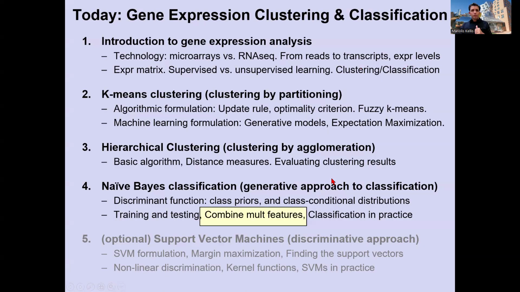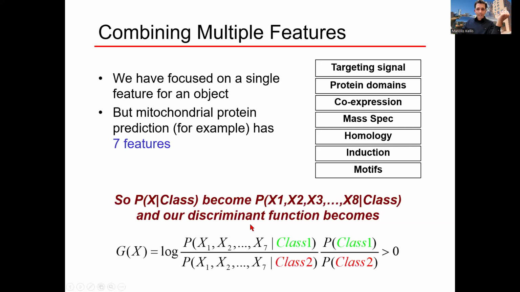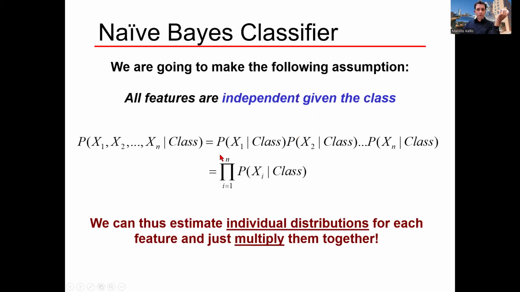Awesome. And then to combine multiple features, that's where in the naive Bayes scenario, you just assume independence. You assume that all of these features are independent of each other. And that's the naive Bayes assumption. It basically assumes that all of the features are independent, and therefore that the joint probability of all the features together given a class is simply the product of each of the features in isolation.